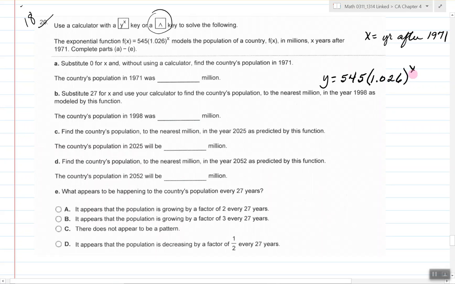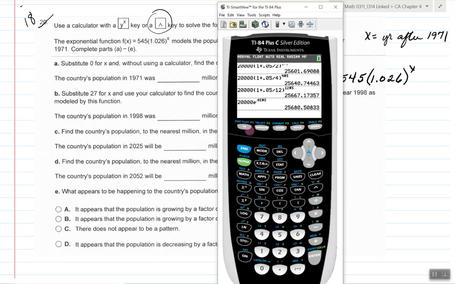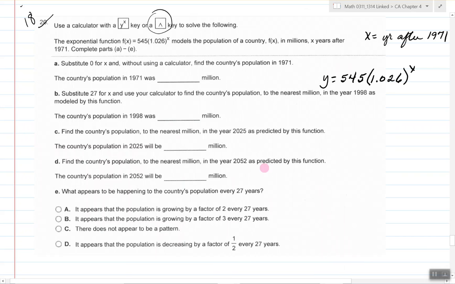I'm going to put it in my y equals. 545 open parentheses 1.026 close parentheses raised to the x power. All right, now I'll come back and look at that, and it says substitute 0 for x.